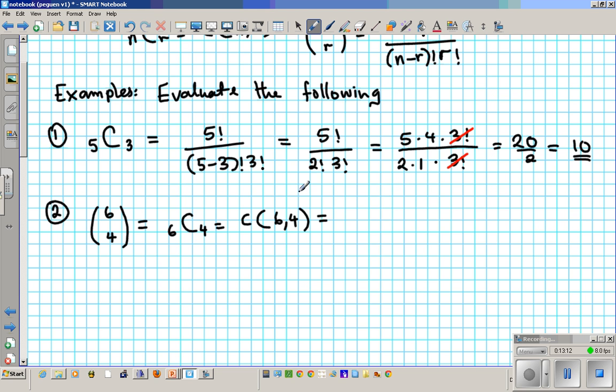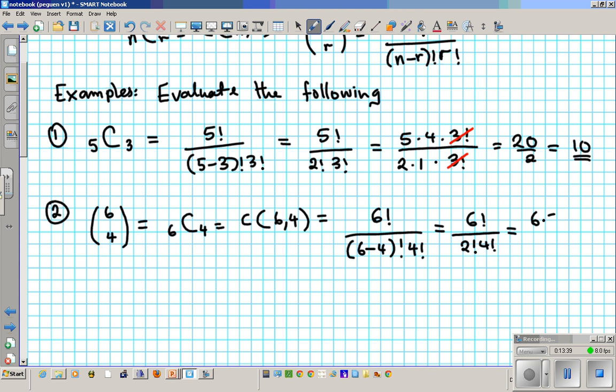So if I apply the combination formula, it's going to be 6 factorial, which is N factorial, divided by N minus R, which is 6 minus 4, factorial, times 4 factorial. Okay? Now let's simplify this a little bit. We have 6 factorial divided by 2 factorial, 4 factorial. So break down the 6 down to the bigger one, which is 4, and break down the other one.